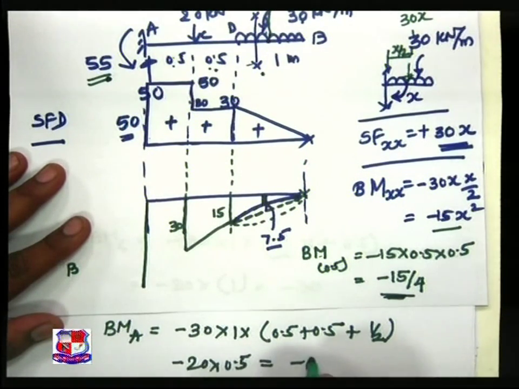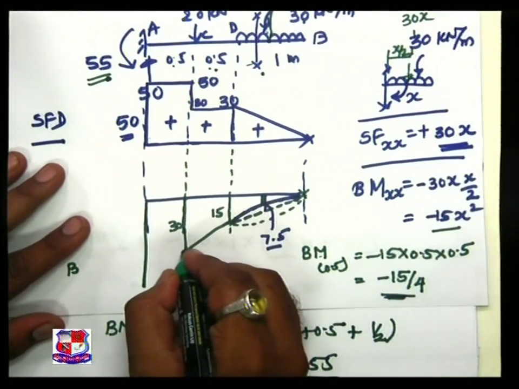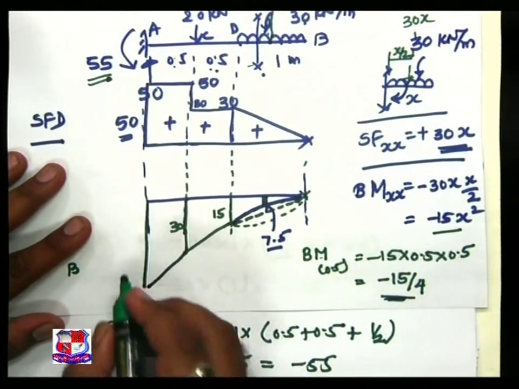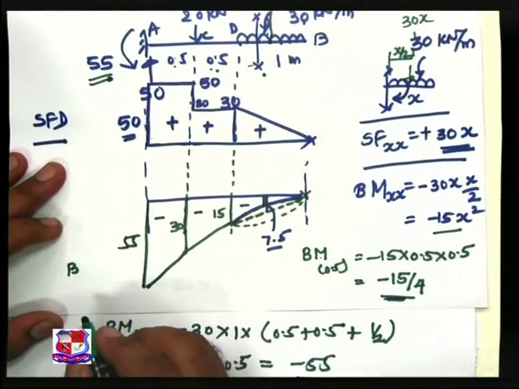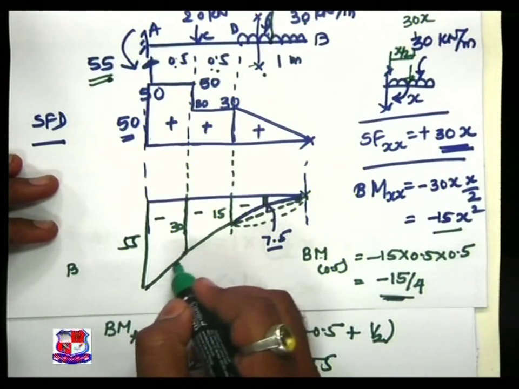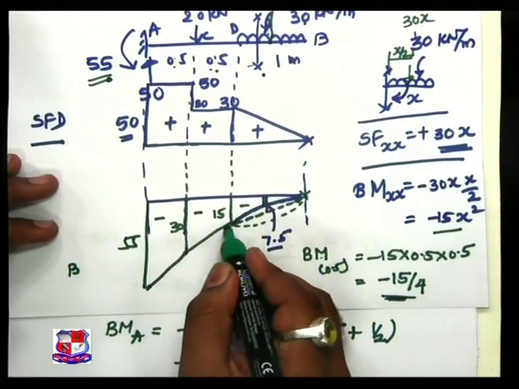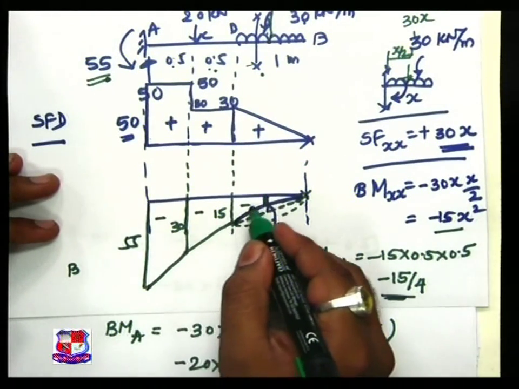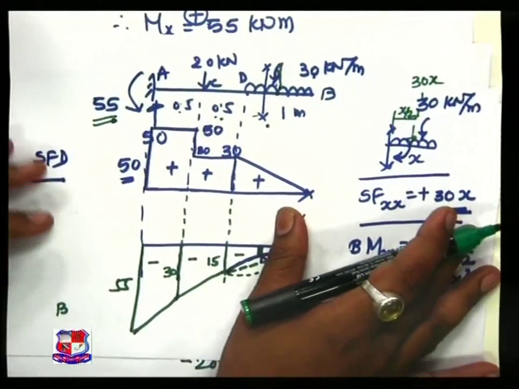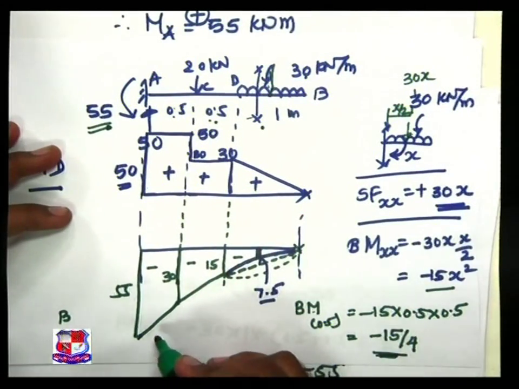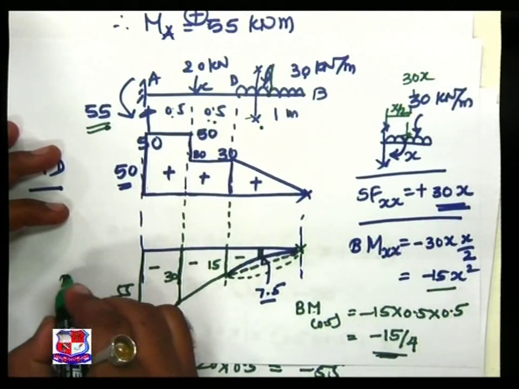This gives minus 55, joined by an inclined straight line. So just visualize, this is an inclined straight line with a different slope, and this is of parabolic nature. Depending upon the type of load, the bending moment variation and its behavior changes. So this is our bending moment diagram.